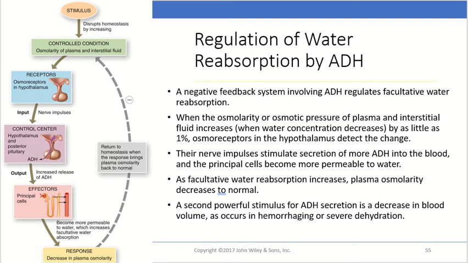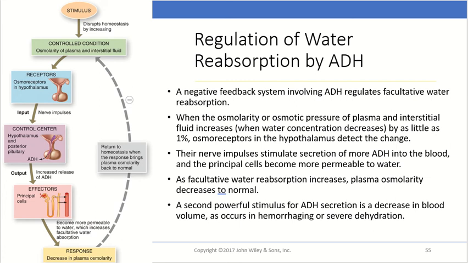So then looking at the regulation of water reabsorption and how this is impacted by ADH. As with so many other things in the body, this is going to be controlled by a negative feedback loop that involves ADH regulating the facilitative water reabsorption. So when the osmolarity or osmotic pressure of plasma and interstitial fluid increases, i.e. when water concentration decreases by as little as even 1%, the osmoreceptors that are in the hypothalamus are going to detect this change.